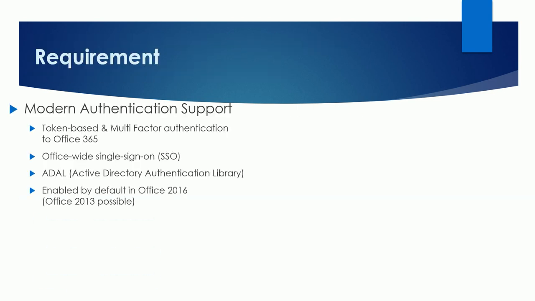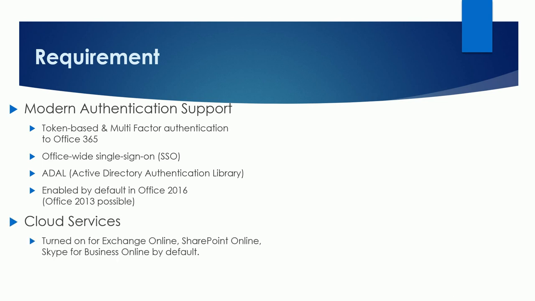Now let's see the requirements. Modern authentication support. What authentication ways can it support? Token-based or multi-factor authentication to Office 365. It can support SSO, or ADAL, the Active Directory Authentication Library, which is enabled by default in Office 2016 and can support your cloud services. It is turned on by default for Exchange Online, SharePoint, and Skype for Business.